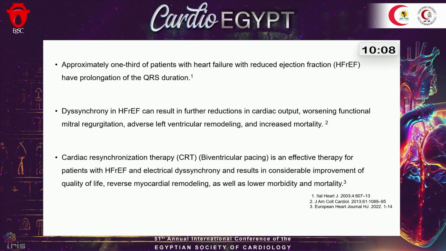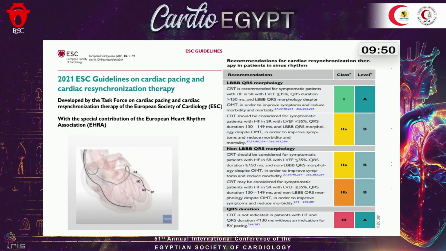According to many clinical trials and large randomized trials, it shows considerable improvement in quality of life, reverse myocardial remodeling, even some improvement in ejection fraction, and decreased morbidity and mortality in these patients.